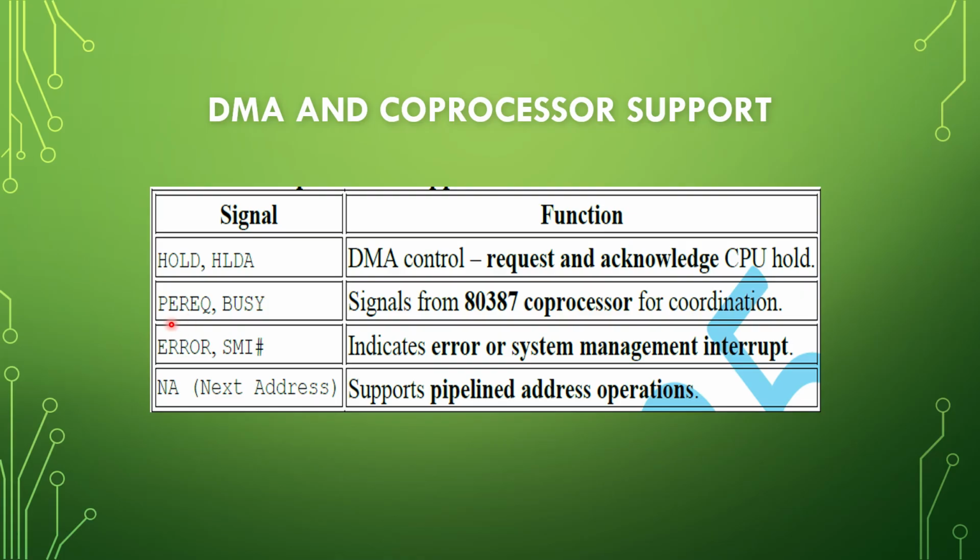And BUSY and these are the signals from the 80387 coprocessor that are used for coordination. And the ERROR and SMI#, so this indicates whether there is any system management interrupt or error. And the next address NA supports the pipeline address operation. These are the different coprocessor support signals.